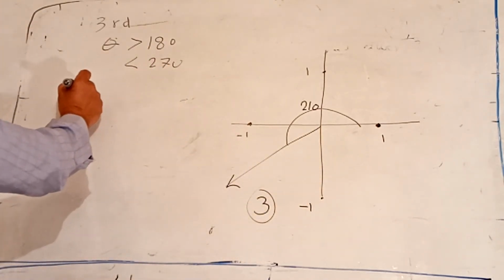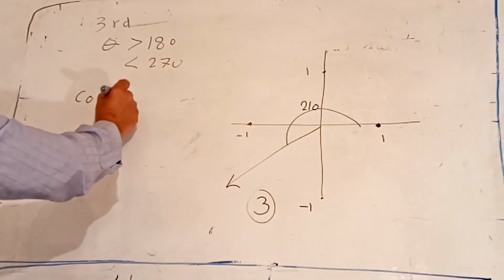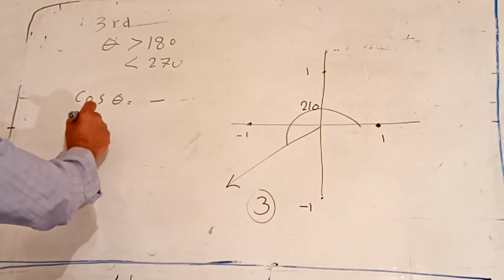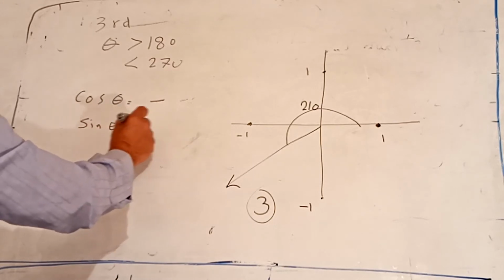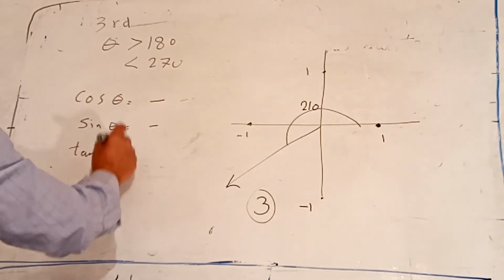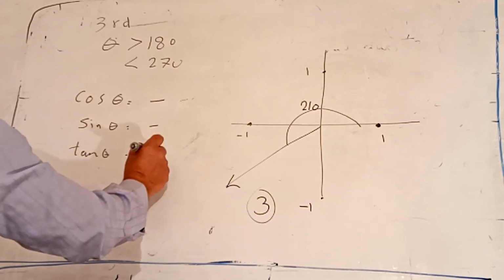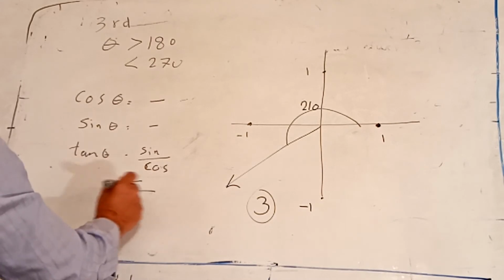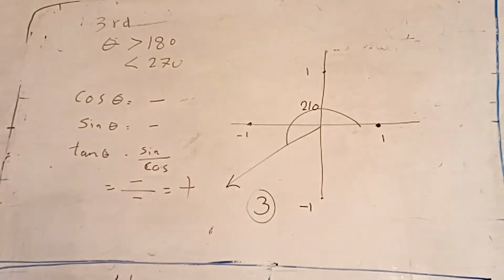So we say that cosine theta equal negative, sine theta equal negative, and tan theta will be sine over cosine. Sine over cosine will be negative over negative, so it will be positive. These are the signs of all of them.